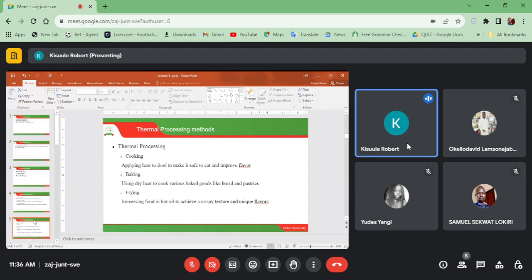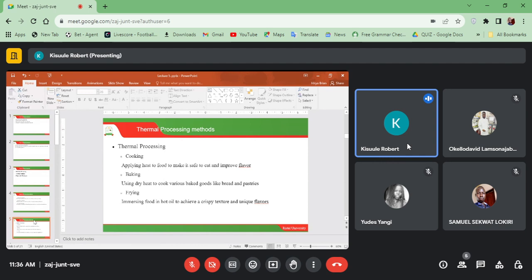And with freezing, we are looking at reducing temperatures to slow down enzymatic reactions and microbial growth. We'll see that part of the requirements for enzyme activity is warmth. Under optimum temperatures, we'll see that different enzymes work differently.